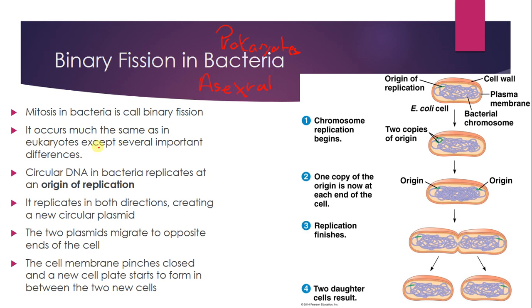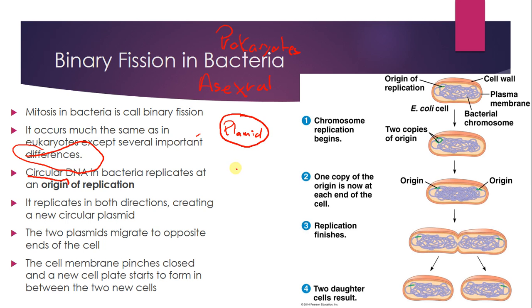It occurs pretty much the same as mitosis did, except there's some differences. One is that there's circular DNA in bacteria, and we need to replicate that too, and it starts replicating at an origin of replication. So say we have this bacterial DNA, this plasmid, we're going to replicate it.